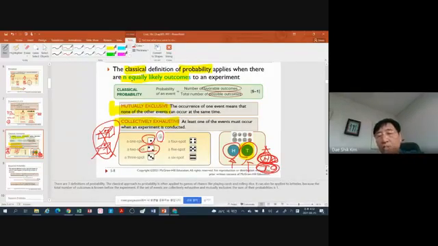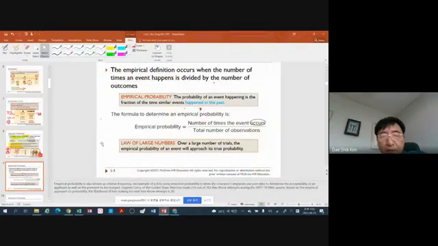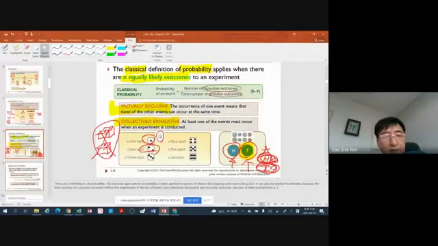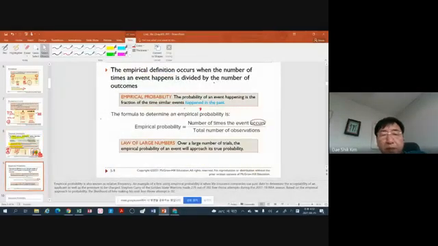The outcome is only head or tail, nothing else. How about when you roll a dice? 1, 2, 3, 4, 5, or 6 will appear. 7 cannot happen. 0 cannot happen. 8 cannot happen. All 6 represent all possible outcomes, and it's collectively exhaustive. You need to understand theoretical, classical, and empirical probability.